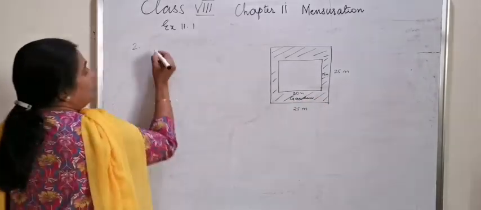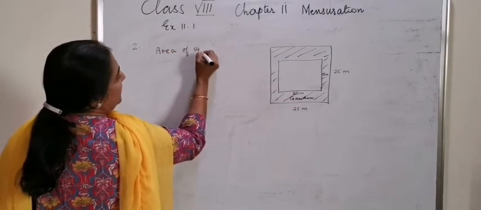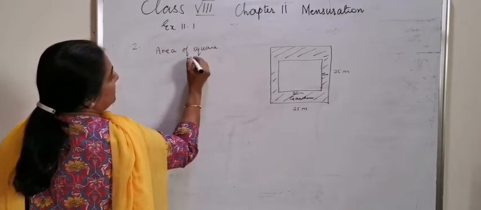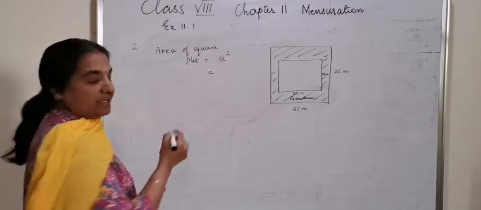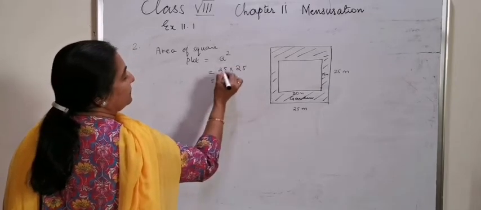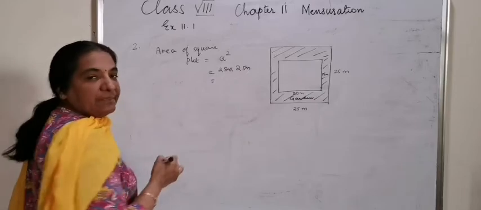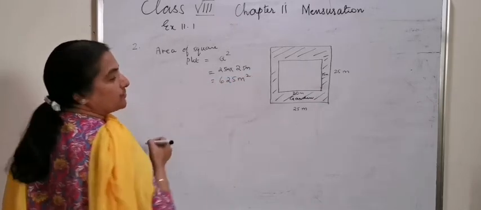So the first step is area of square plot is equal to, the formula is a square, or it is 25 into 25 meter, which is 625 meter square.